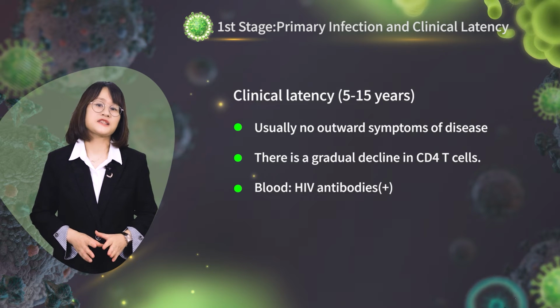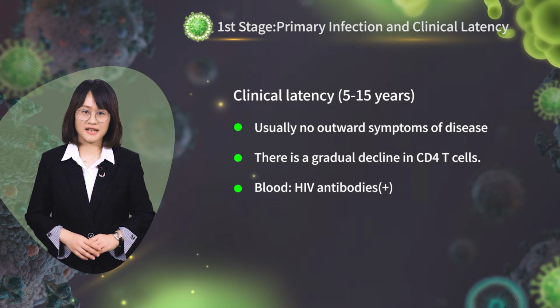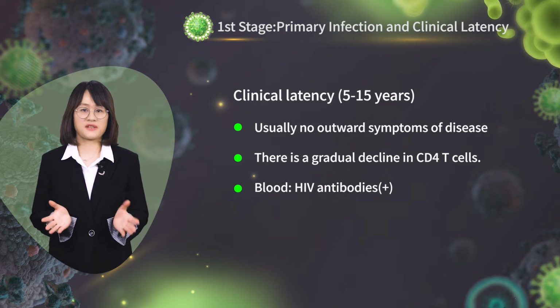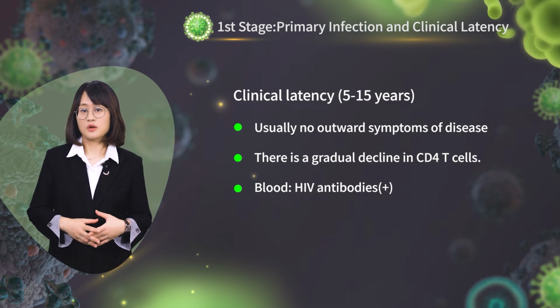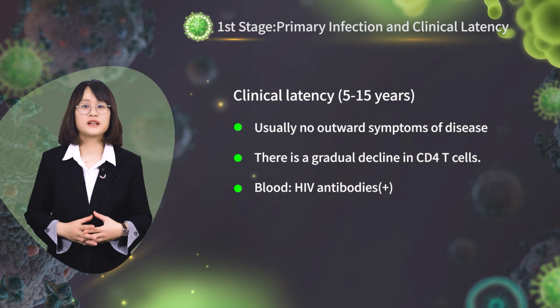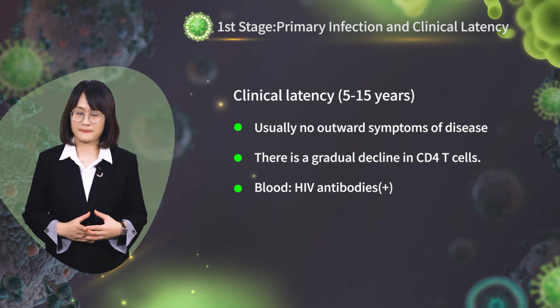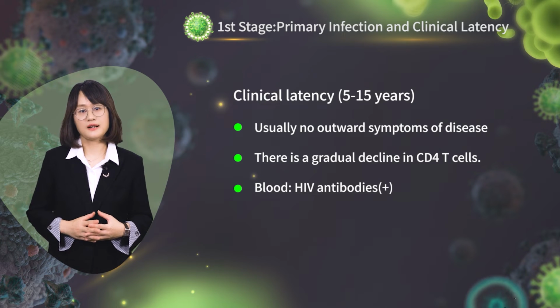During the asymptomatic period, the viral replication continues, leading to gradual decline of CD4 T cells. Viral load can also be measured, which plays a major role in evaluation of the patient's status and prognosis. HIV antibodies can appear in this phase.